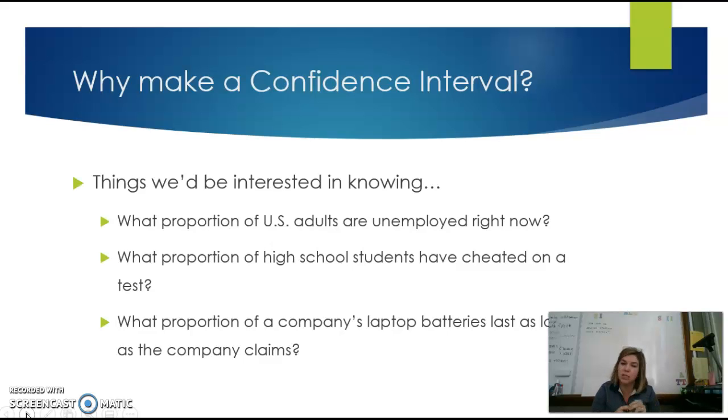So we might be interested in knowing what proportion of US adults are unemployed, how many people have received or plan on receiving the COVID-19 vaccine, what proportion of high school students have cheated on a test, hopefully 0, and what proportion of a company's laptop batteries actually do last as long as the company claims. We would be able to find an interval instead of just one hard number, and we would make that interval with a specific level of confidence.